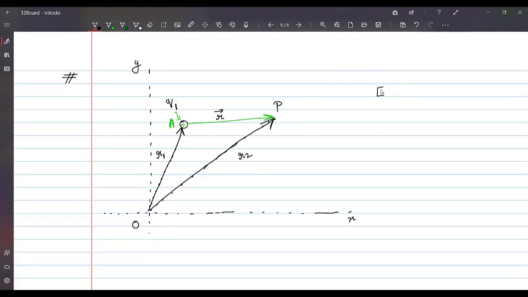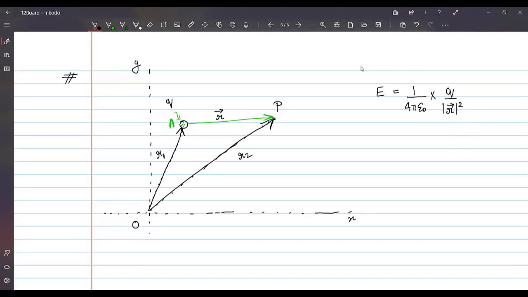So for the electric field, only the magnitude, it will be K Q upon mod of R vector squared.